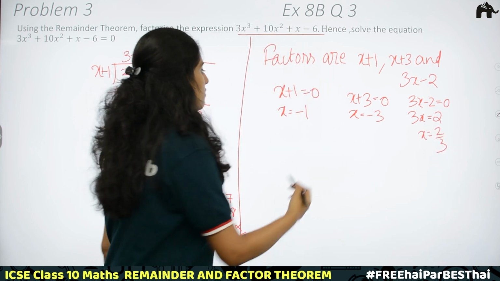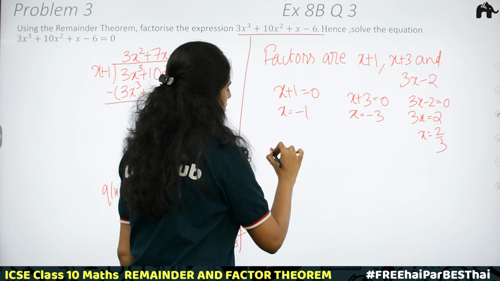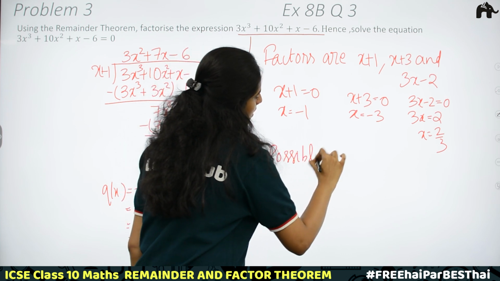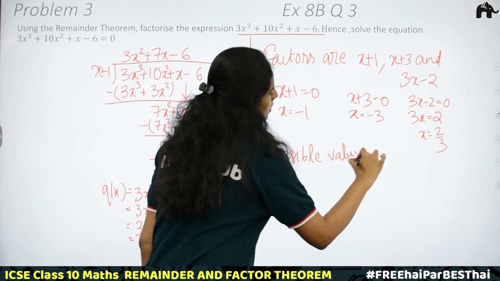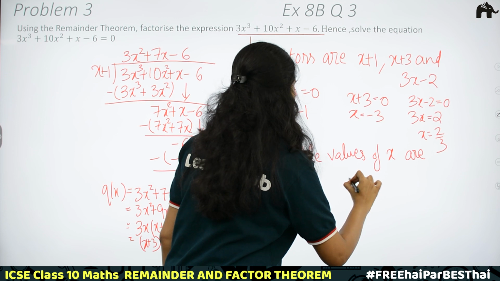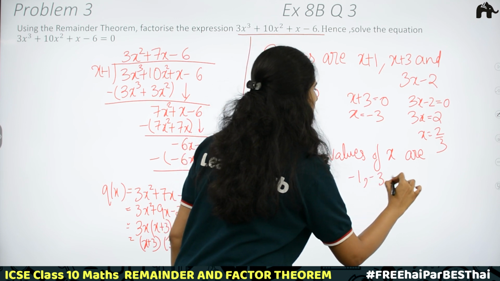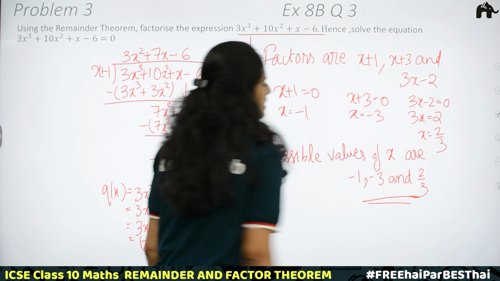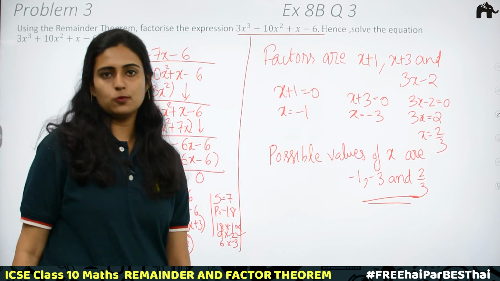So, the possible values of x are minus 1, minus 3 and 2 by 3.